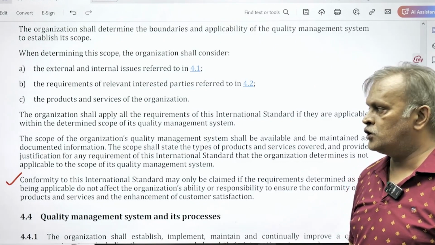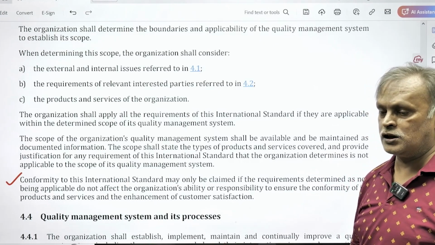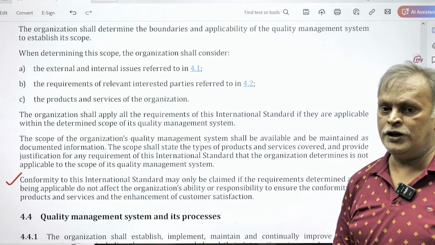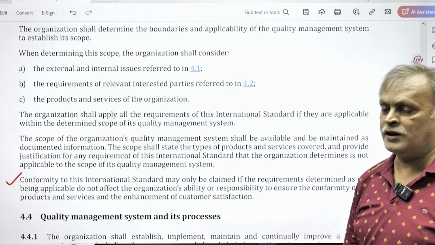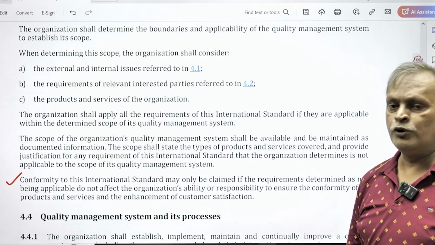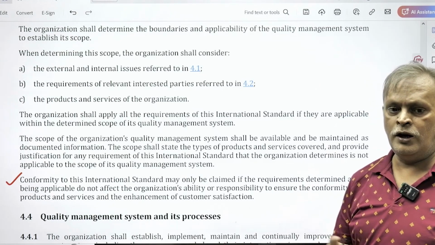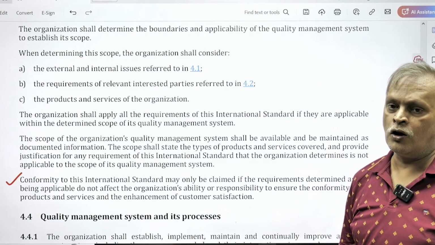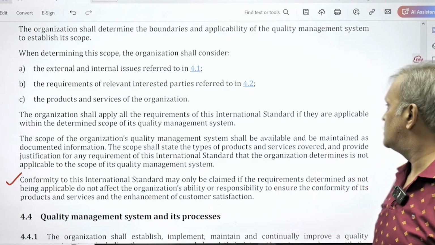You must still ensure that you have the ability to produce products as per customer requirement. You must have the ability to deliver as per the law of the land. You must work at enhancing customer satisfaction and improvement of processes. Exclusion लेने के चक्कर में उन पे impact होगा तो external auditor allow नहीं करेगा. That is what pretty much it means.